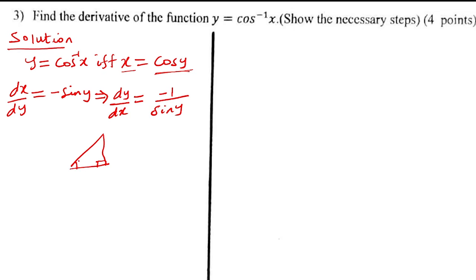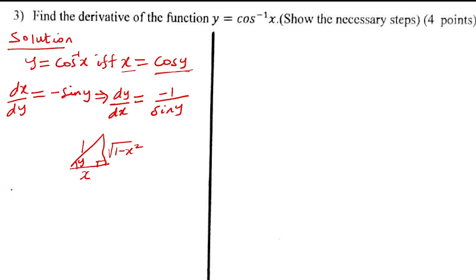The angle is y. So cos y is adjacent over hypotenuse. Cos y is x, meaning x over 1. So the adjacent is x, the hypotenuse is 1. By applying Pythagoras theorem, the opposite becomes square root of 1 minus x squared.